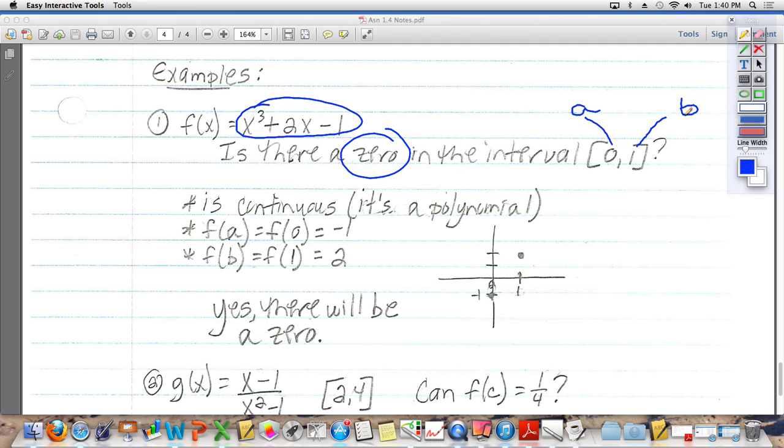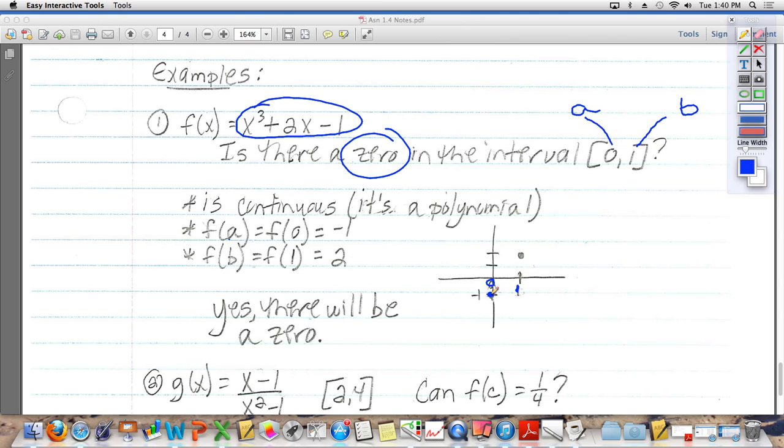I replace the x's with 0, and I calculate the value of the polynomial. When you put a 0 in here, you end up with negative 1. Remember, we're just going from 0 to 1, so we are starting right here at an x value of 0, ending right here at an x value of 1. So when I replaced x with 0, I have a y value of -1, so I put a point right here.